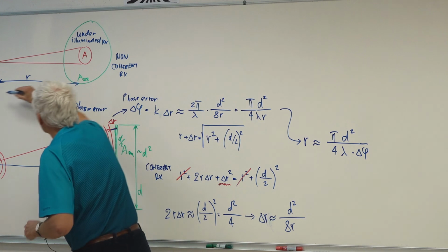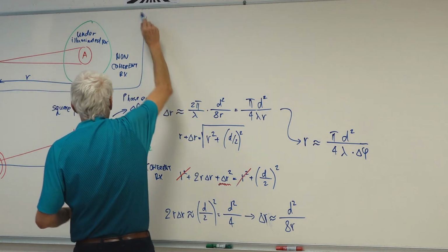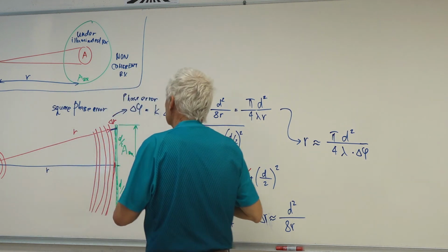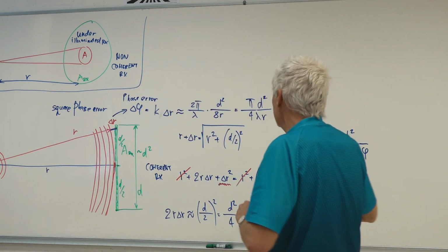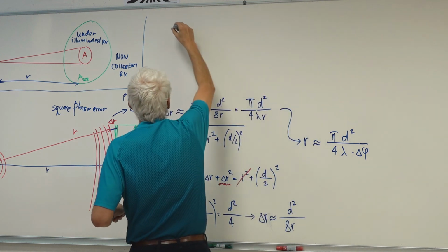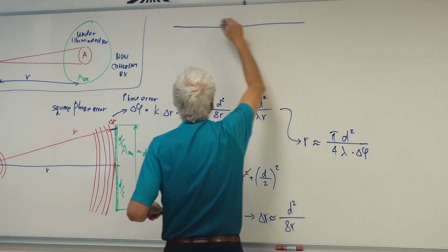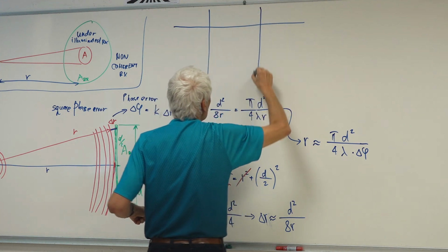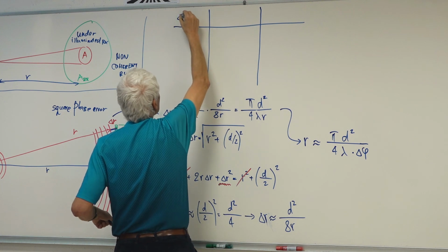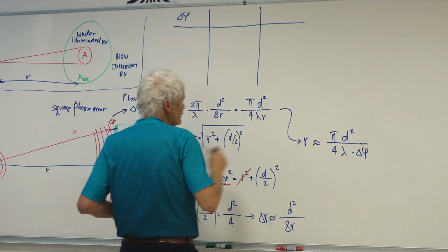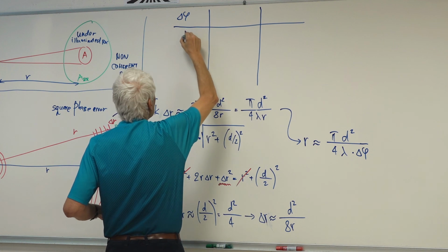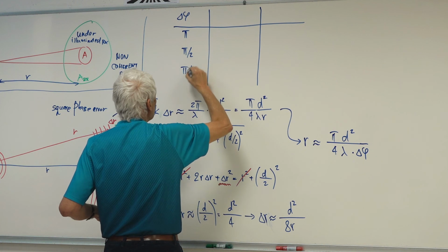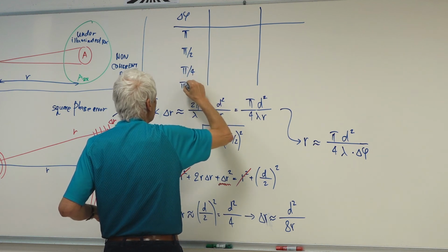And so this is unrelated to the top picture. This with the coherent receiver happens before this one. So this is the worst case, and that's the reason why I'm going to make a small table to see various possibilities. What is the size of delta phi, the size of the phase error? I will start with π, then π/2, π/4, π/8.